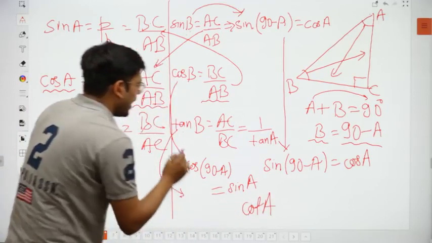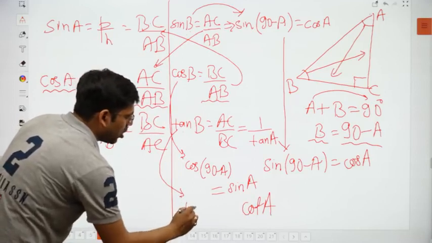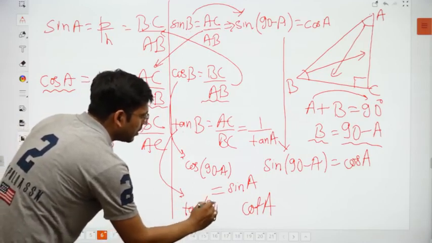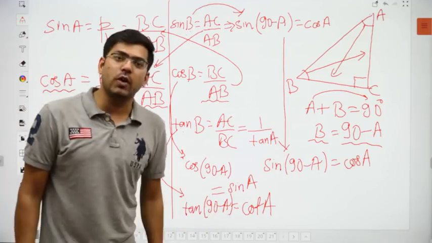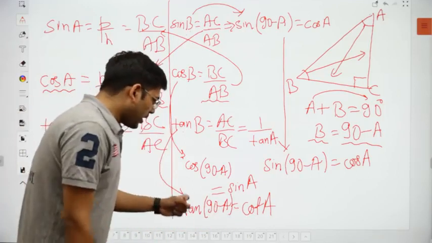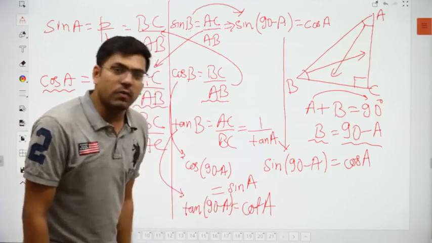So the reciprocal of tan A is cot A, and tan B can be written as tan of 90 minus A. So tan 90 minus A is equal to cot A. Therefore, tan of 90 minus angle A is equal to cot A.